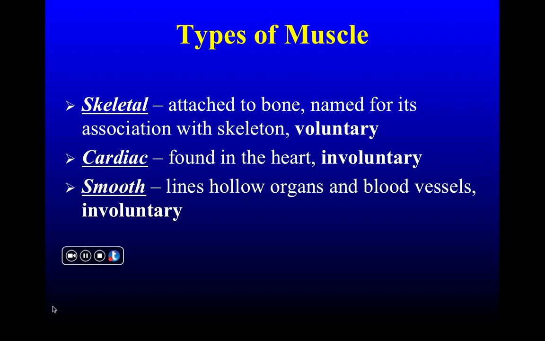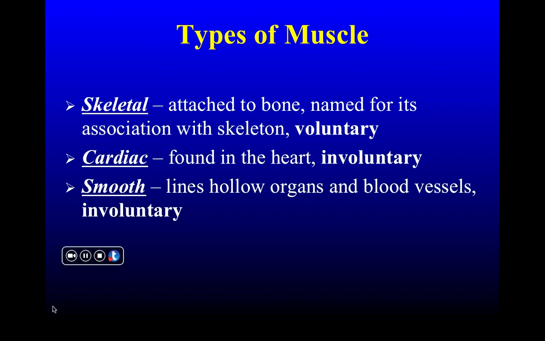One of the ways to distinguish between them is not just the physical aspects that are different, but two of the three are controlled without you knowing. That would be involuntary. And then skeletal muscle can be both involuntary and voluntary. So if I want to make my arm move, I just make it move.